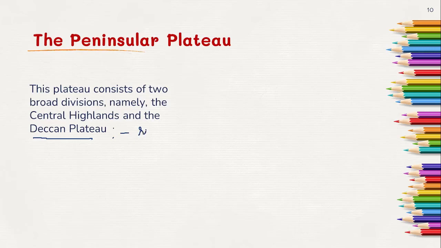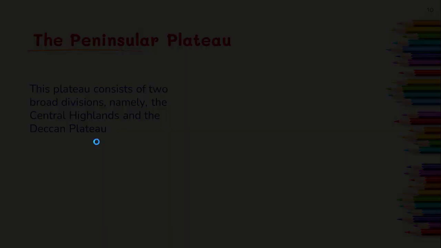It is a rugged surface, which is good for minerals. Minerals are found in plateaus like Deccan Plateau and Chota Nagpur Plateau. These plateaus are suitable for minerals rather than agriculture.